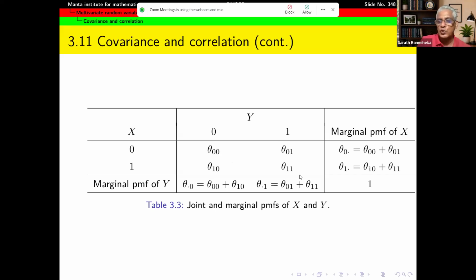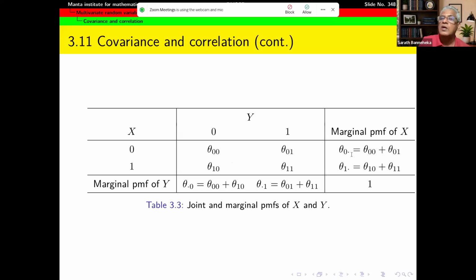And then you know how to get the marginal probability mass function when you know the joint probability mass function. You just add the rows, then you get the marginal probability mass function of x. So the sum of these two we denote by theta 0 dot, because 0 is fixed here and the value changing is 0 and 1, the second coefficient.